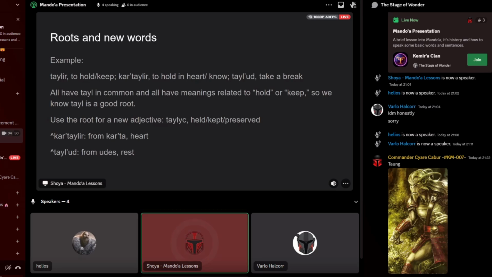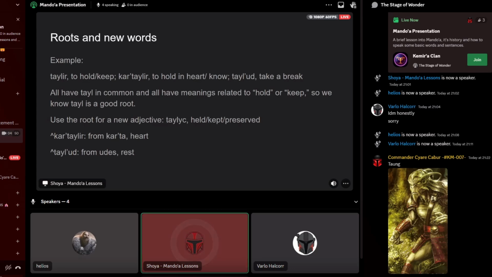Use the root for a new adjective. I need to structure this better. Tailish. The adjective endings, like I said, you can add two different endings. Ish is one, and la is the other, and like I said, they mean the same thing.